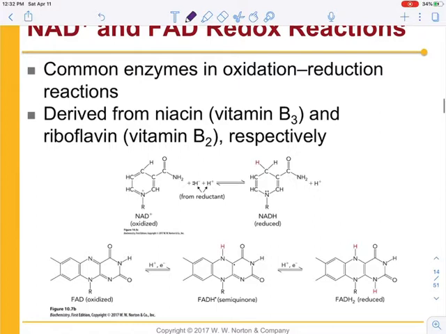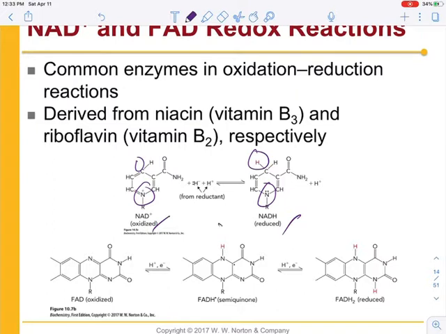And remember, NAD and FAD are electron carriers. They have the ability to pick up electrons and move them someplace else. Those electrons will come, in these carriers' case, in the form of hydrogen atoms.